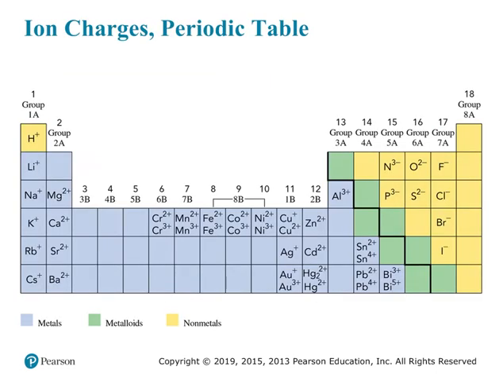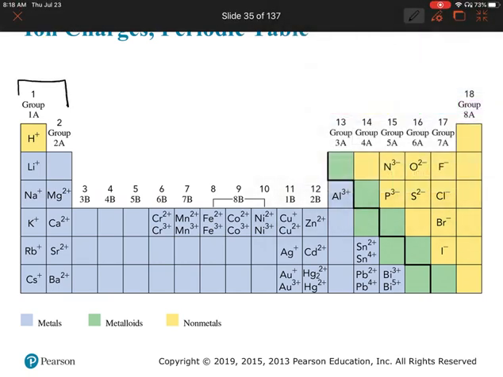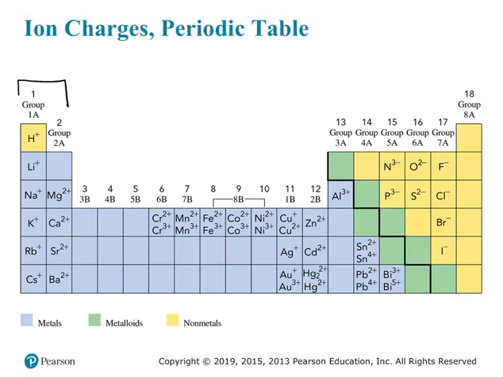And here's a nice periodic table summarizing all of these different charges we've talked about. So again, in groups 1 and 2, we have predictable charges. Everything in group 1 has a +1 charge, everything in group 2 has a 2+ charge.